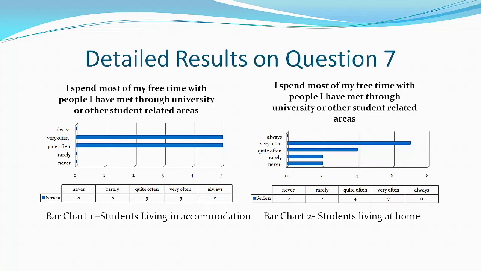As for the students living at home, we can see that indeed there are some people that answered very often and quite often, but there are also some people that said never or rarely. So from this we can see that some students living at home tend not to have interaction with student life, but it's not that bad.